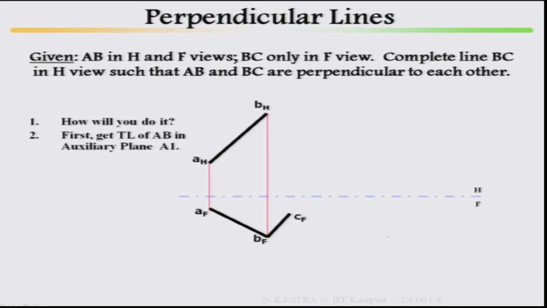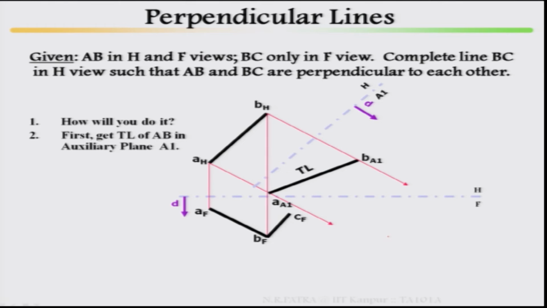First get the true length of AB in auxiliary plane A1, draw it, measure the distance, then find the true length of the line AB, then draw BC perpendicular to AB in auxiliary A1.